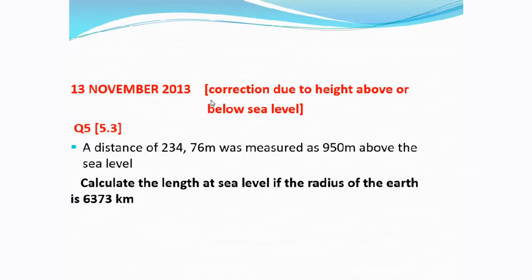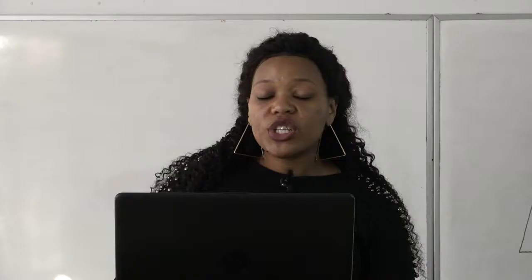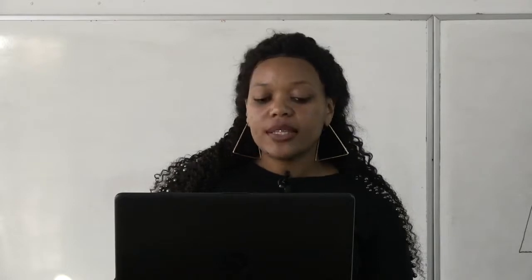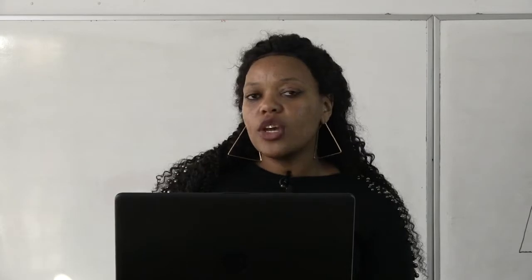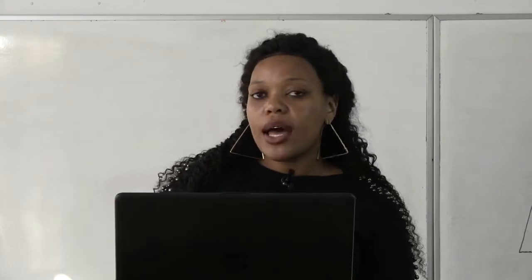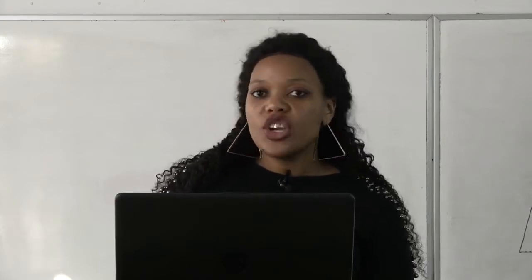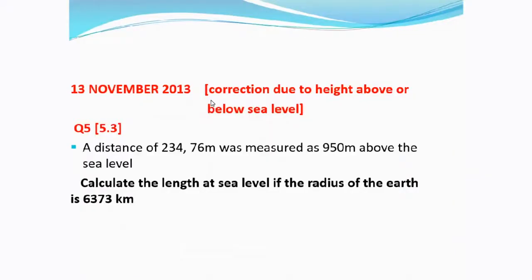Okay, here we've got the radius of the earth, which is 6,373, which means we need to change this 6,373 kilometers into meters. So if you want to change kilometers into meters, you need to times by 1,000.